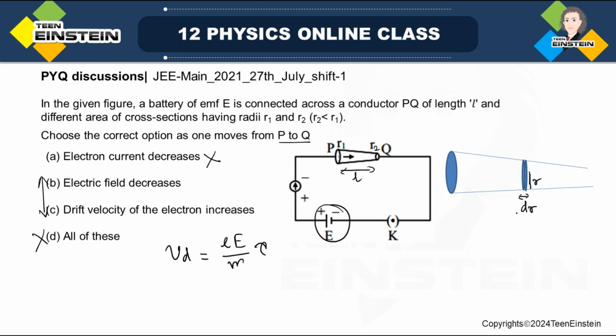So for this particular strip, or this particular disc, because this is cylindrical, I can take a disc. The radius of the disc is decreasing as you go from P to Q, right? So that's why I'm taking an arbitrary disc of radius small r.